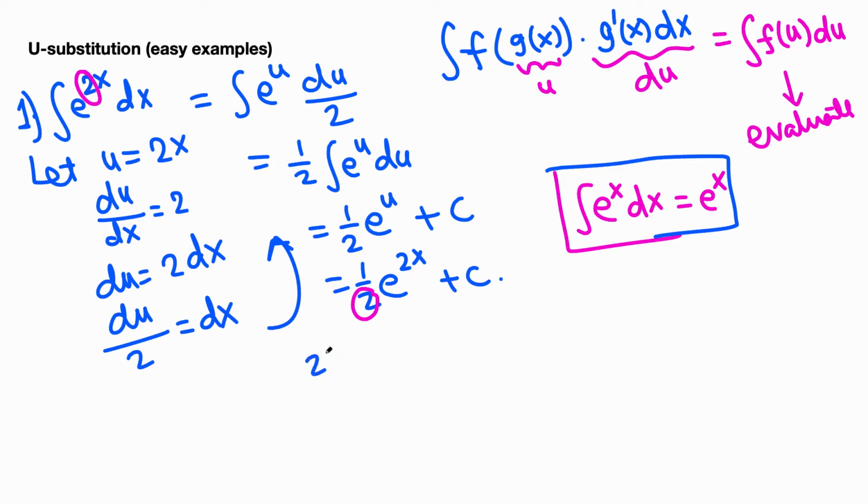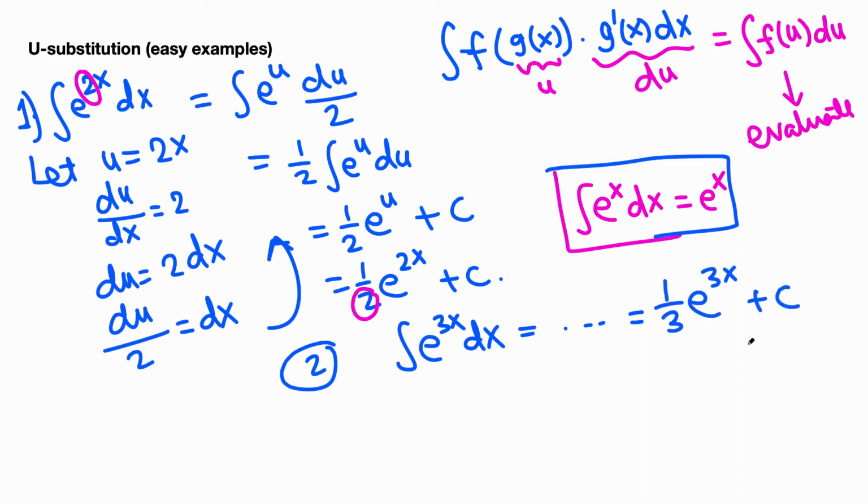If the question is, what is e raised to 3x dx? With some work, here is 3, so it has to be 1 over 3 e raised to 3x. We can go through this. It's still a composite function, but so simple, we don't have to go through this procedure.